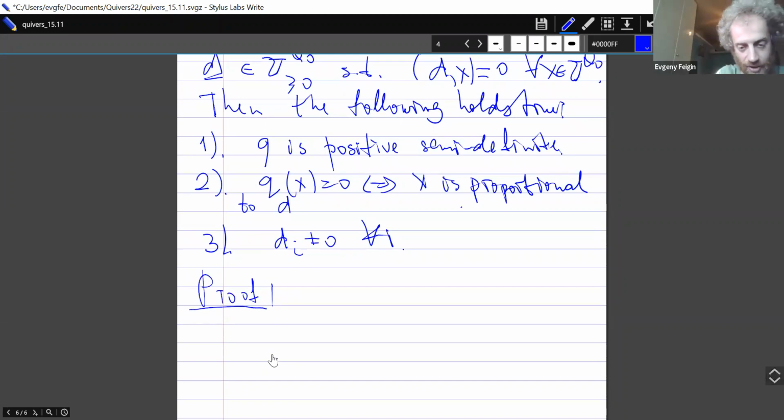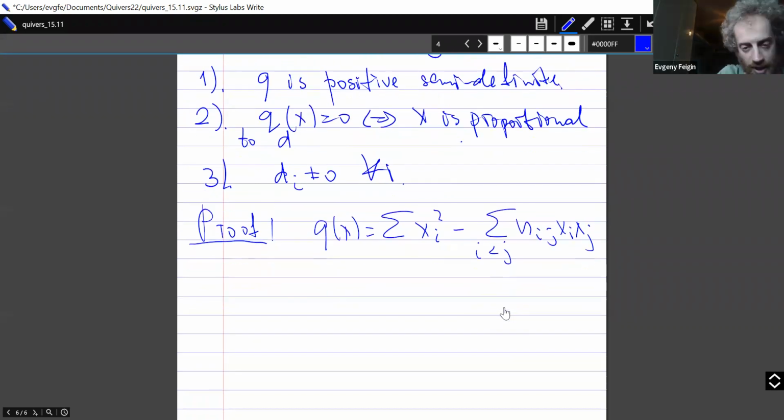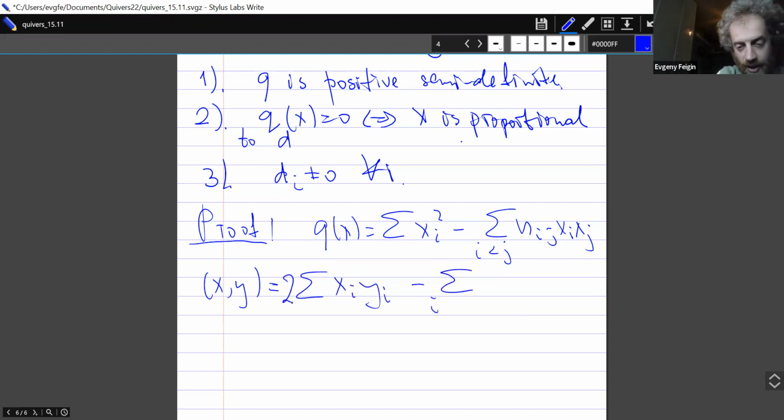So let's once again recall the definition. Our Q of x is the sum of x_i squared minus the sum of n_ij x_i x_j, where i is less than j; any order is fine. And (x, y) is the sum of x_i y_i, twice, minus the sum over i not equal to j of n_ij x_i y_j.